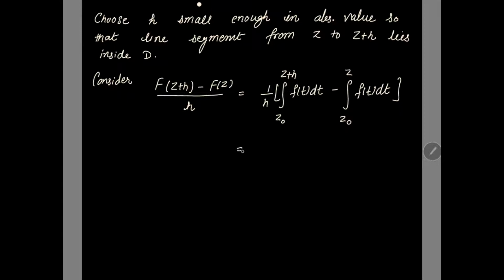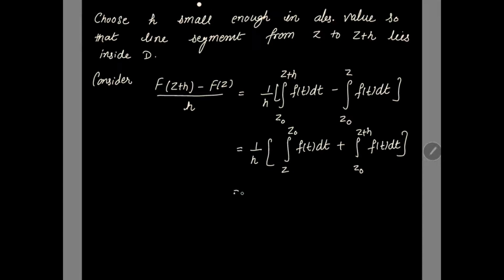Next, I need to change the sign now. See how this sign is changed. If I interchange the limits, then this negative sign changes to the positive one. So instead of z0 to z, I should write from z to z0 of f(t) dt, and the sign changes, plus the integration from z0 to z plus h of f(t) dt.